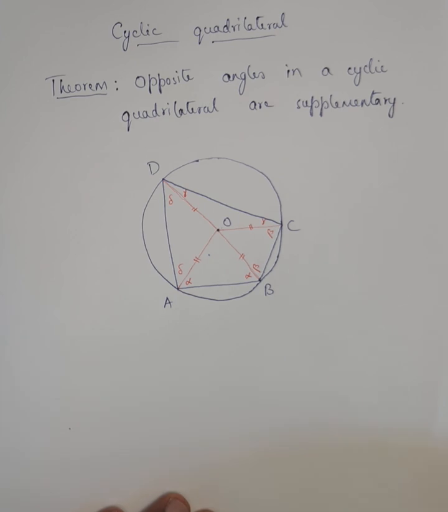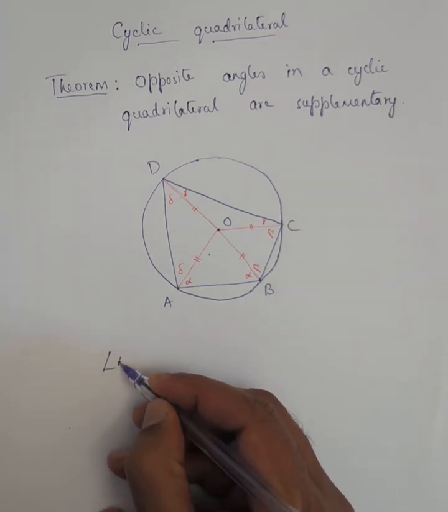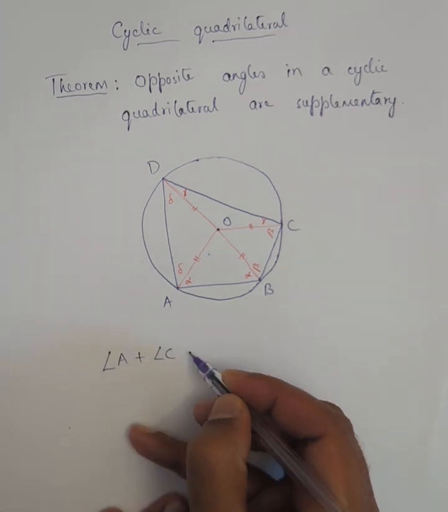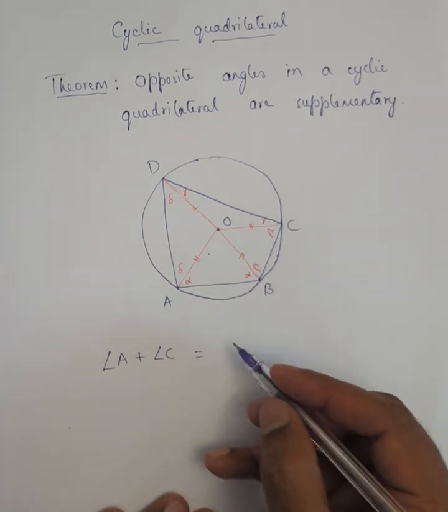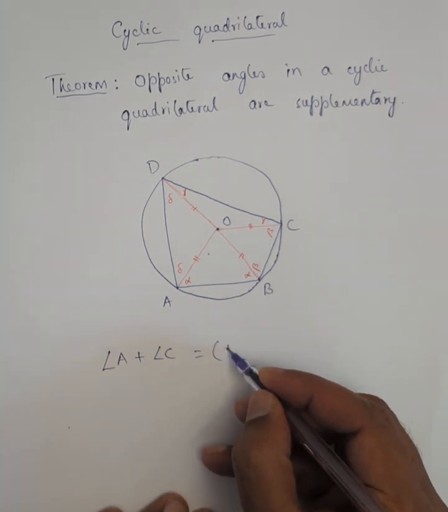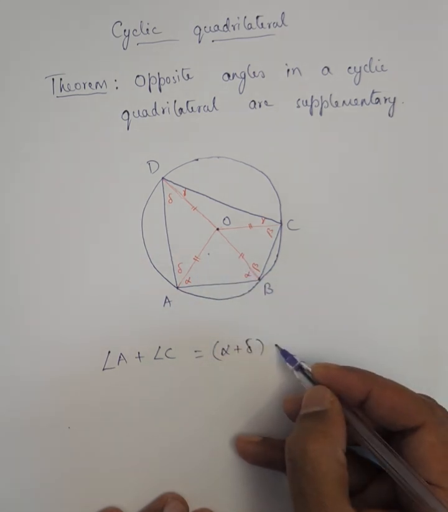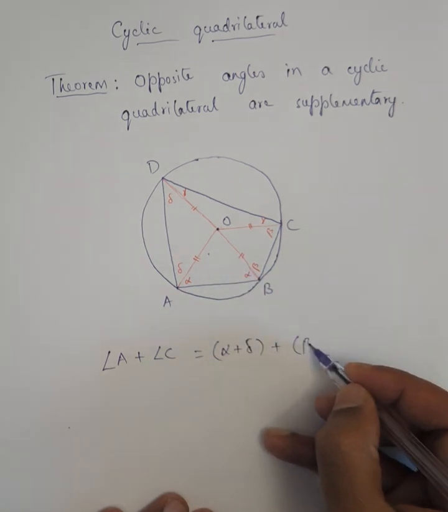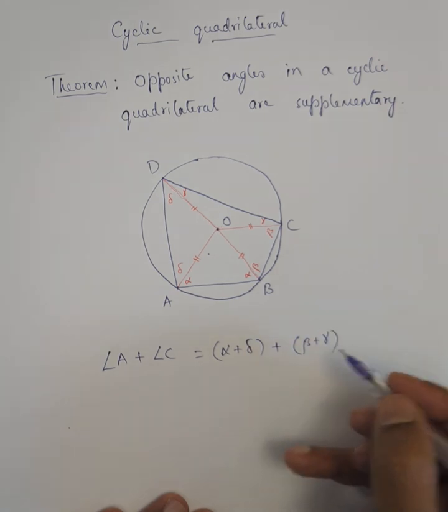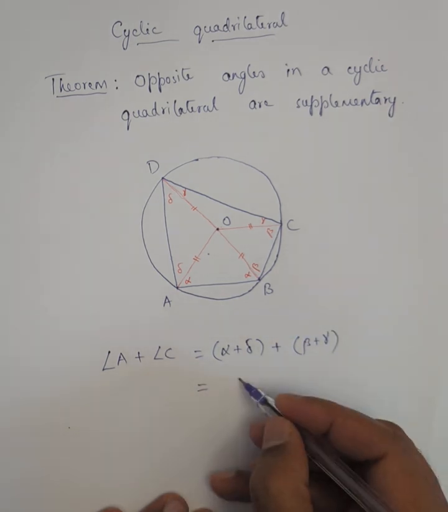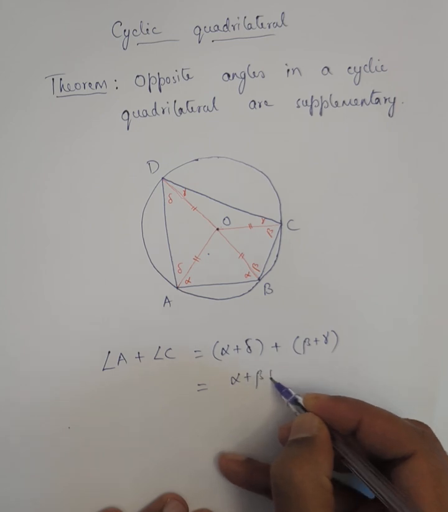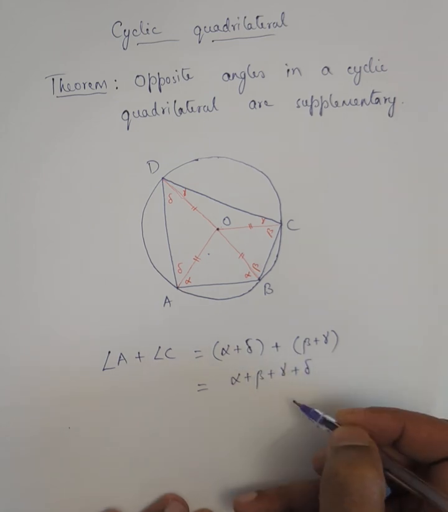Now notice, what is angle A plus angle C? Angle A is made up of these two angles, which is alpha plus delta, and C is beta plus gamma. And I can rewrite this as alpha plus beta plus gamma plus delta.